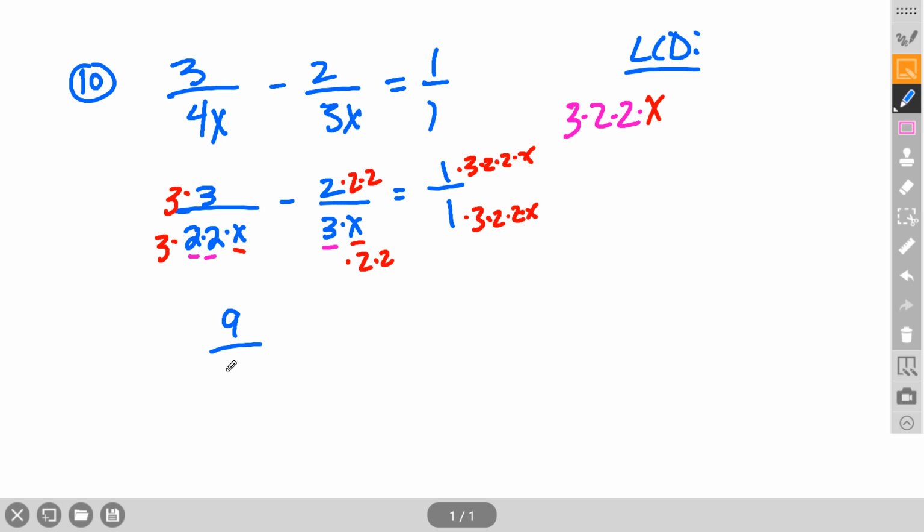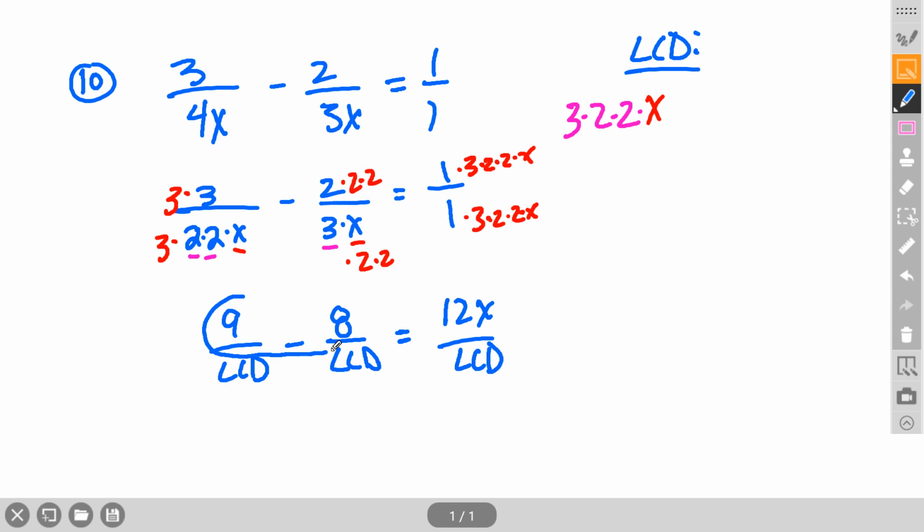So we got 9 over the LCD minus 8 over the LCD equals 12x over the LCD. Now that everything's over the LCD, I just need to consider the problem in the numerators.